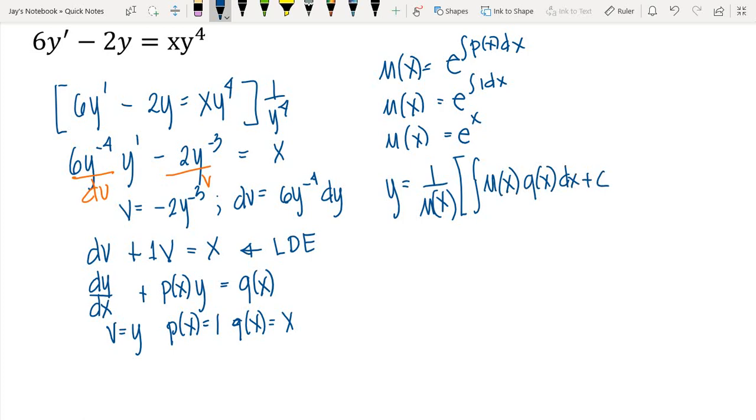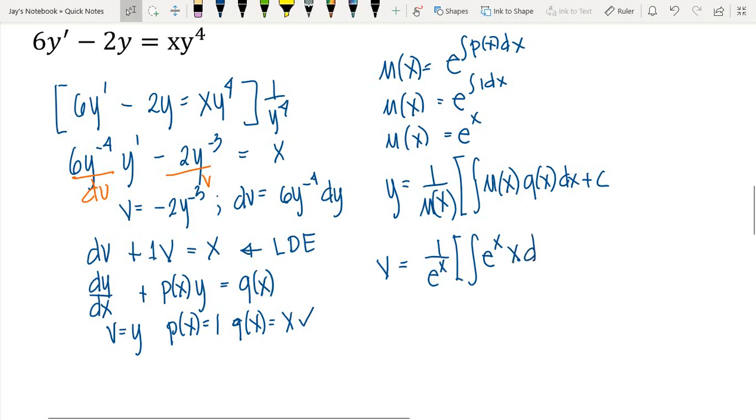However, in this case we are using v. So v is equal to 1 over e^x, bracket, we have the integration of e^x, now our Q(x) here is x, then dx plus c.